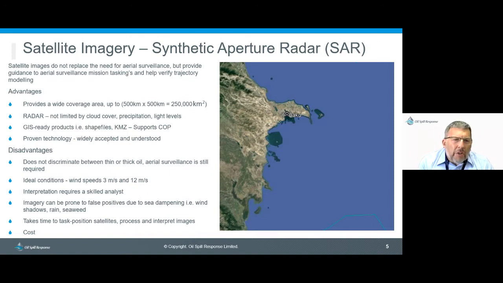So a really good GIS tool, and Simon will go into that in a bit more detail in his presentation of how we can use that data and present it in a usable format.